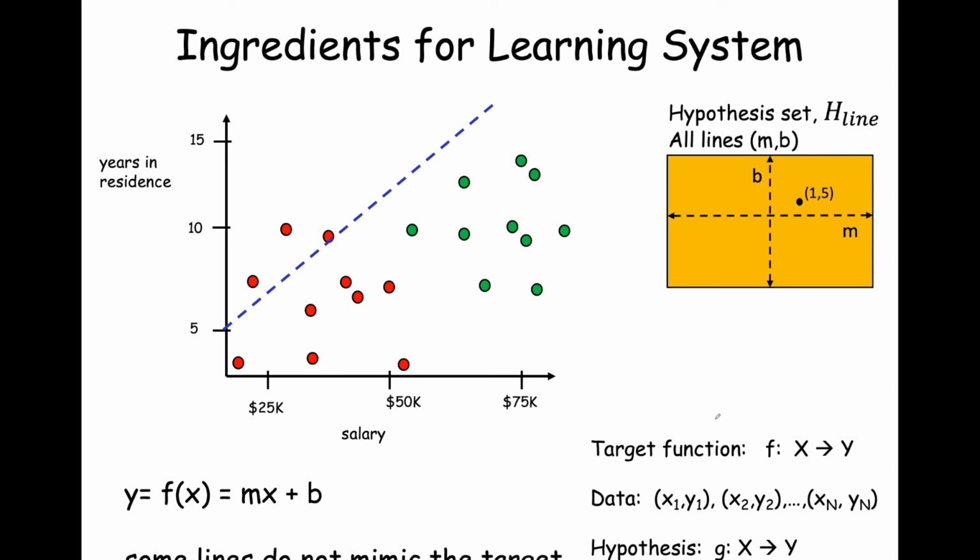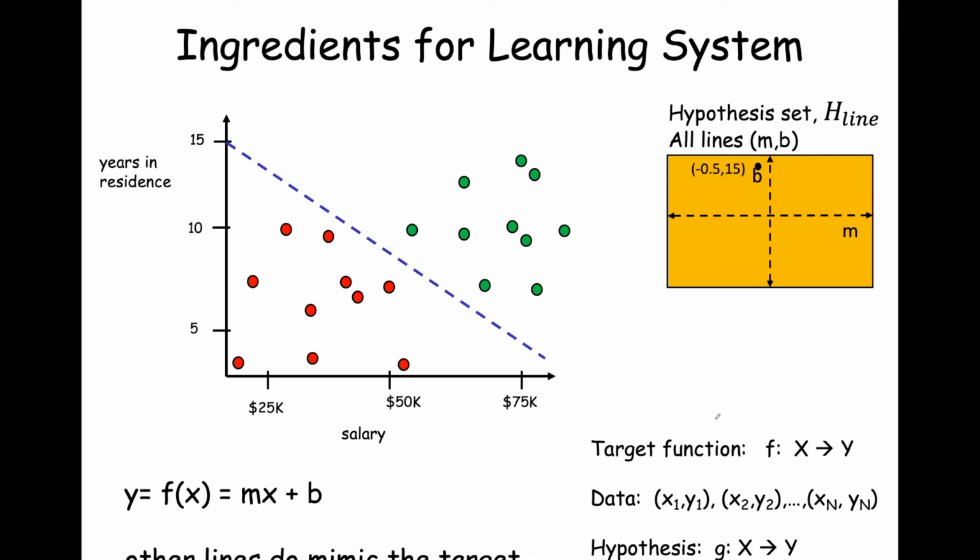There's the line, and you can see that it gets a lot of these points wrong relative to the ground truth labeling by the unknown target function. Let's try this other line, with a slope of negative 0.5 and a y-intercept of 15. That particular line perfectly coincides with the labeling of the unknown target function.